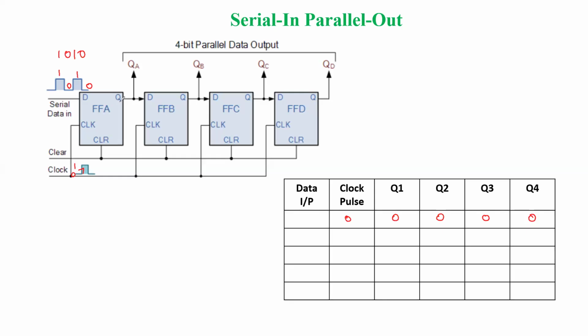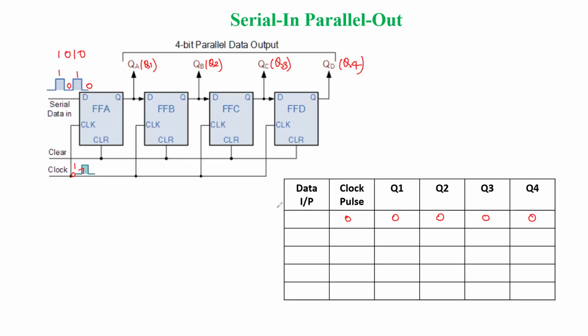This one we are considering as Q1, this one as Q2, this one as Q3 and this one as Q4. As per the diagram we can also write QA, QB, QC, QD.